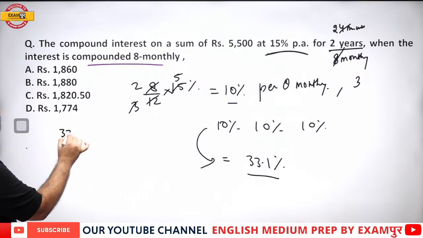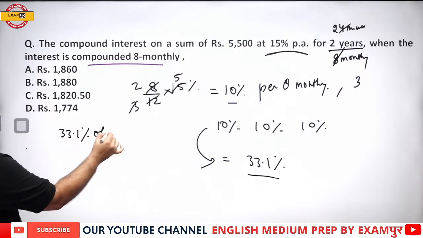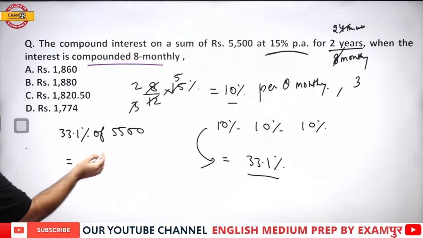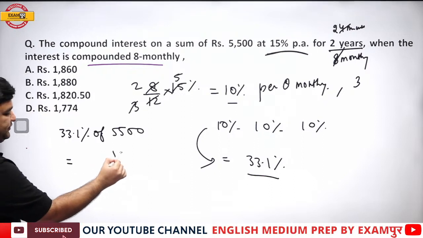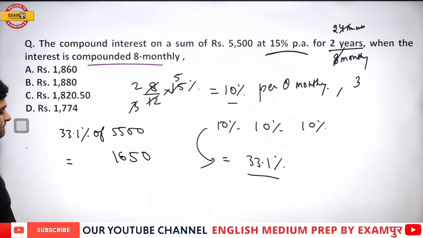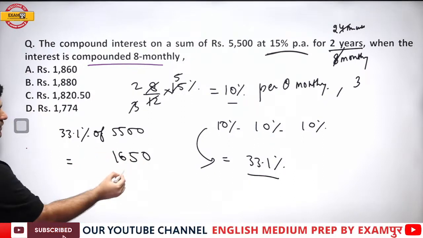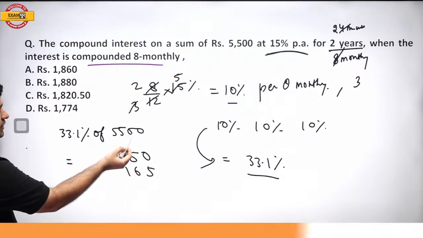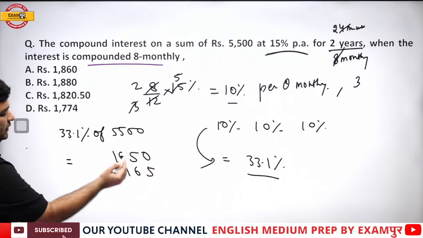What is 33.1% of 5,500? 10% is 550, 20% is 1100, 30% is 1650. 3% is 165. 1% is 55, so 0.1% is 5.5.